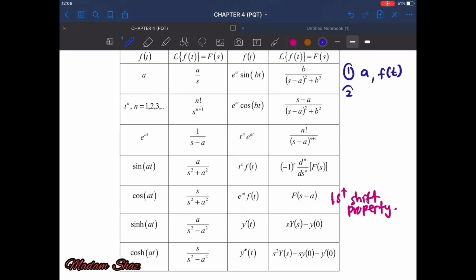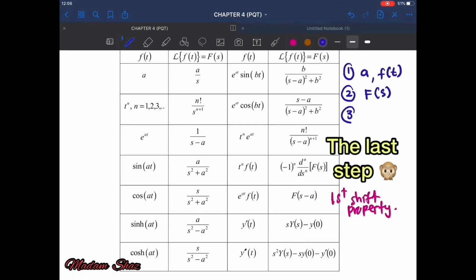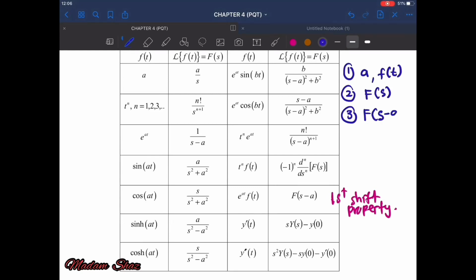The second step, you have to find the Laplace transform of f(t), whereby we will get F(s). The third step is we shift the answer, from F(s) to F(s minus a). So there are three steps in order to solve by using the first shift property.